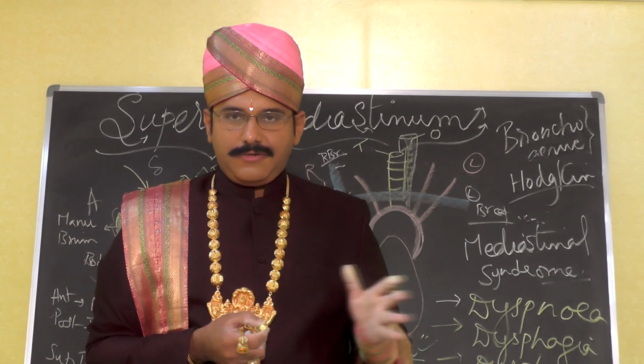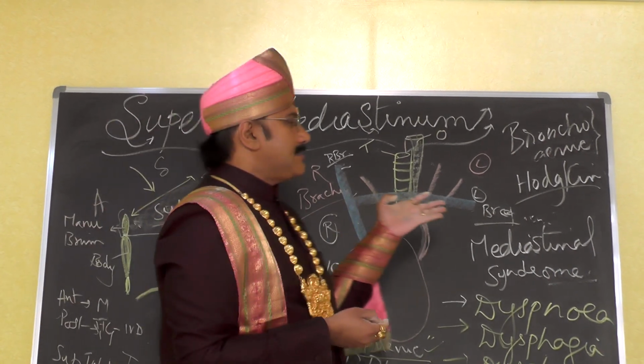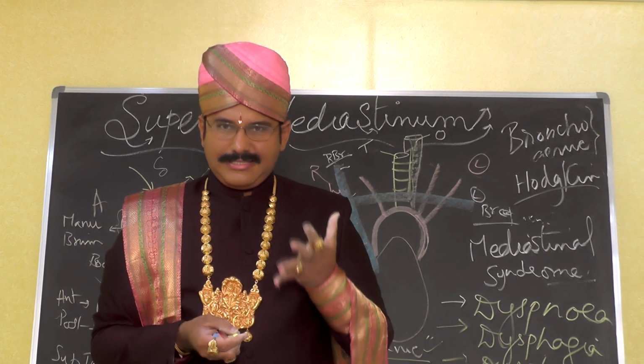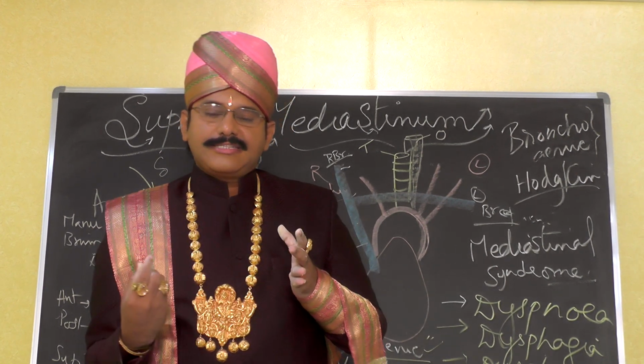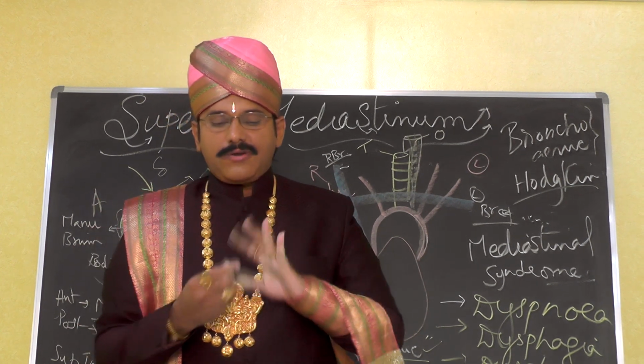So the mediastinal syndrome, what is it presenting with? The tumorous growth, for example in case of Hodgkin's lymphoma or bronchogenic carcinoma, will grow more towards the right side because dead space is available around the veins.